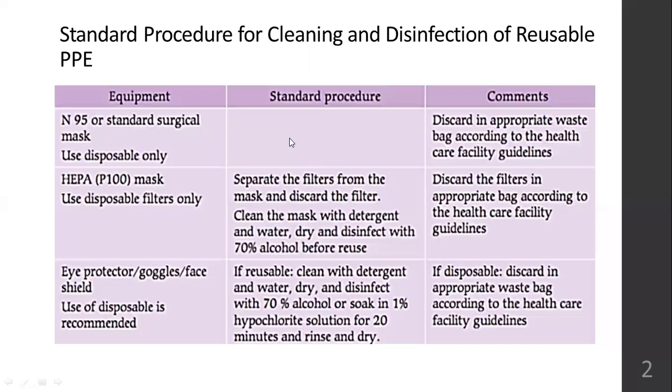Either use spirit, detergent water, or you can soak it in 1% hypochlorite solution for 20 minutes, keeping it immersed, and after that rinse it with clean water and dry it.